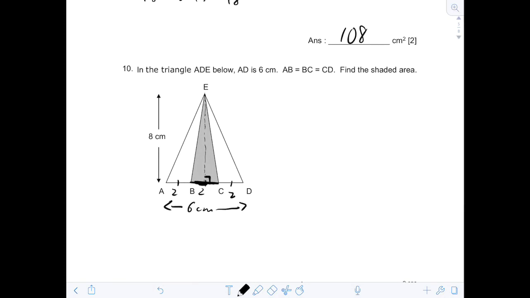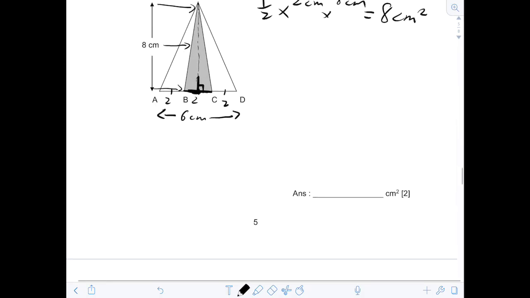So the base has to be here, and the height is there. We have this perpendicular sign over there. So to find the shaded area, all you need to do is use the formula. The height is the same, 8 cm. You transfer here, it is also 8 cm, see? Same length. So just use the formula, half times the new base, which is 2 cm, times the height, which is 8 cm. This is for the shaded area only, equals 8 square cm.